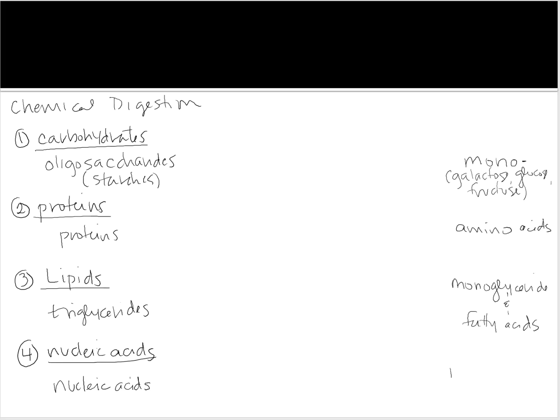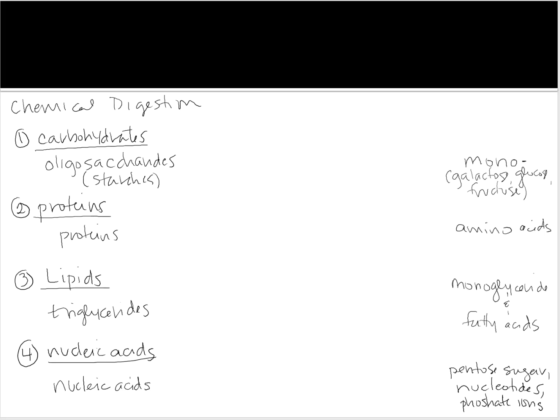When we break these down, they give us a pentose sugar, nucleotides, and phosphate ions. So those are our end results of digestion.